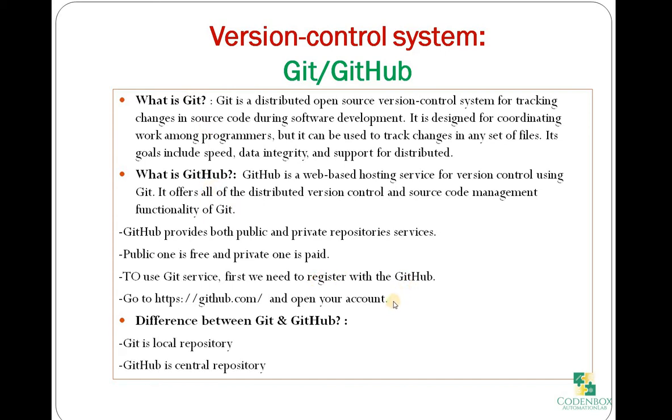A simple difference: Git is the local repository and GitHub is the central repository. It means when an individual contributes to a project, first they write code on their local machine.